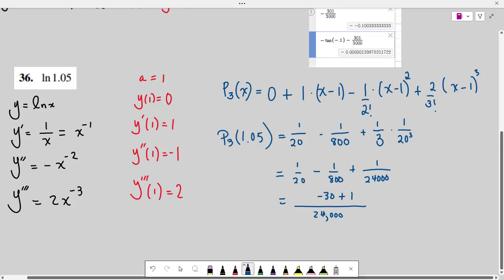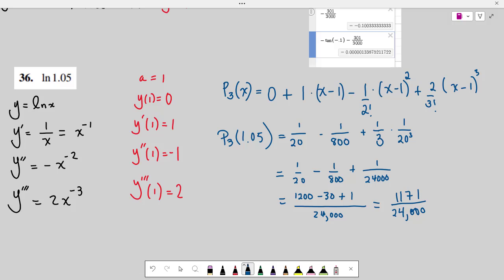This one top and bottom by 1200. So whatever that simplifies to. 1171? No. Yeah, maybe. So there's our approximation.